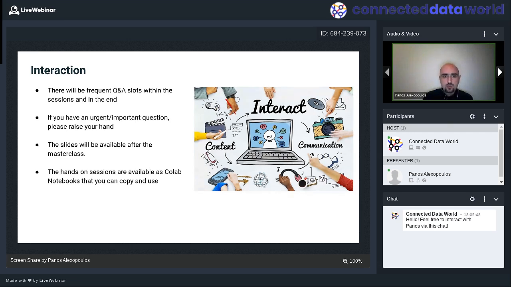When we start the hands-on sessions, I will share with you in chat the link to the Colab notebook that I'm going to be using, which please copy if you want, and use your own copy if you want to follow what I will be doing. In any case, you can then use it also as a reference after the masterclass.